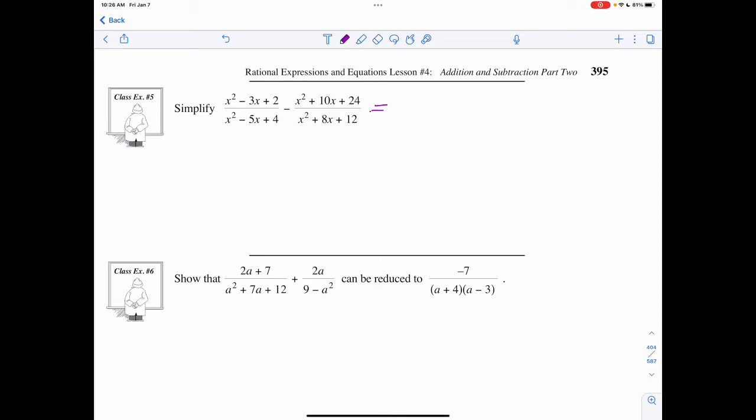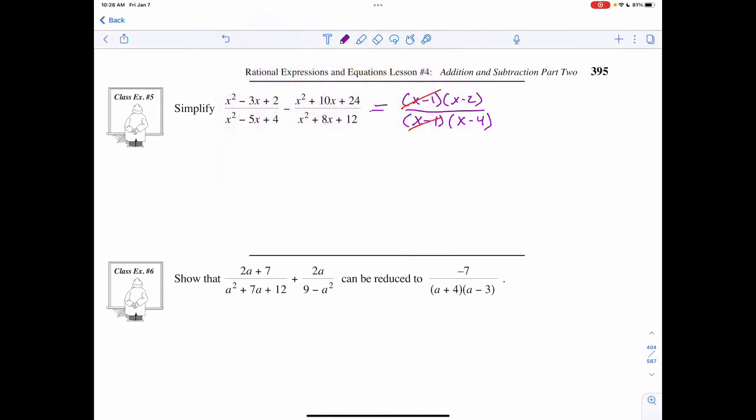When I factor down the numerator of the first term, I get x minus 1 and x minus 2. In the denominator, I get x minus 1 and x minus 4. And conveniently enough, before I even start looking for a common denominator, I can simplify.